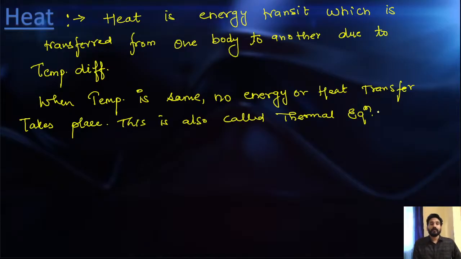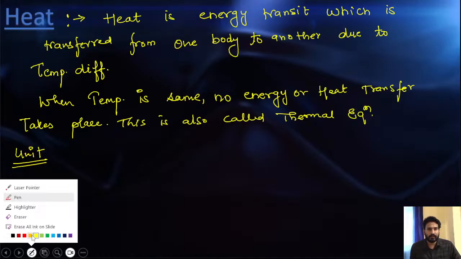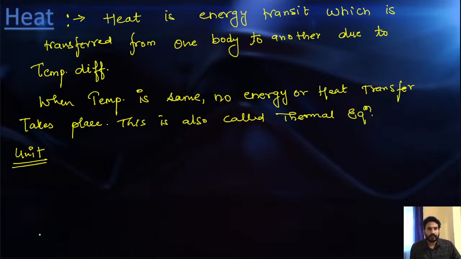Okay, so let's talk about the unit of heat, guys. We already talked about heat being a path function and all that, right? So what about the unit? The first unit is basically the calorie. What is the calorie?